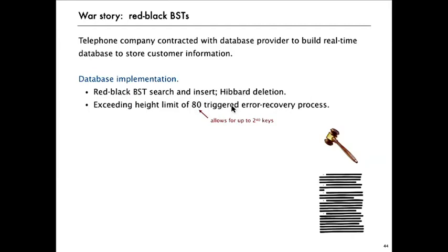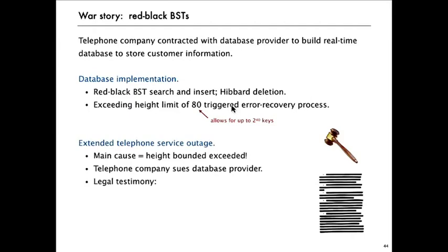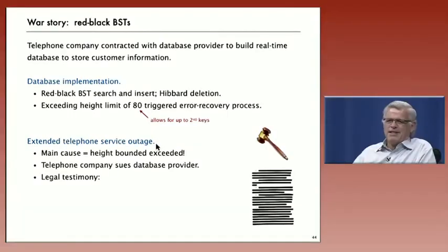And they had a complex error recovery process that got triggered if the height limit got too big, and they rebuilt the whole tree. Because of the way they did this deletion, the end of the story was that the client had an extended outage because the implementer didn't use the full algorithm.